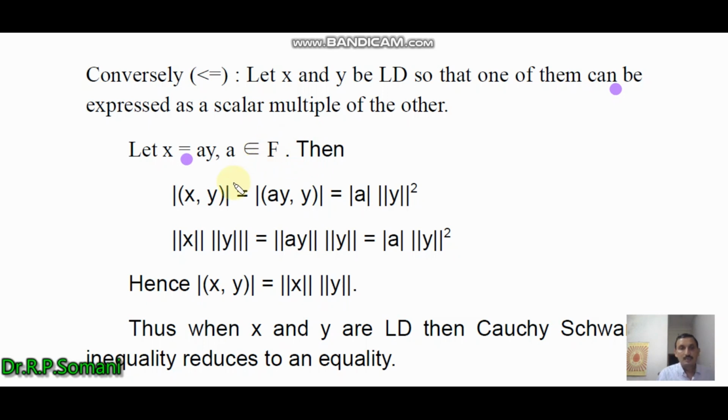Then the modulus of the inner product of x and y equals the modulus of the inner product of a y and y, which equals modulus a times norm y square. If we take the square and then the square root, we omit this square.